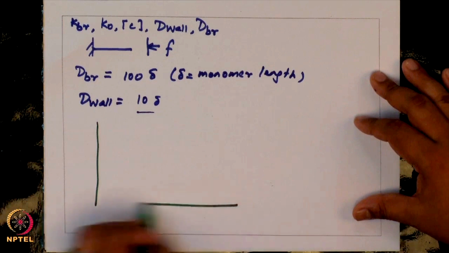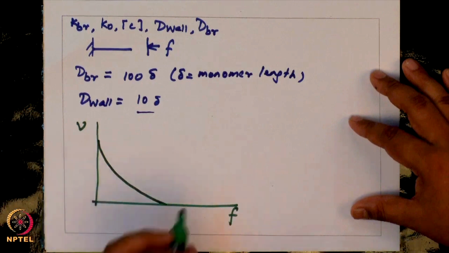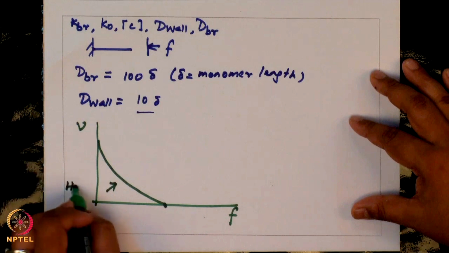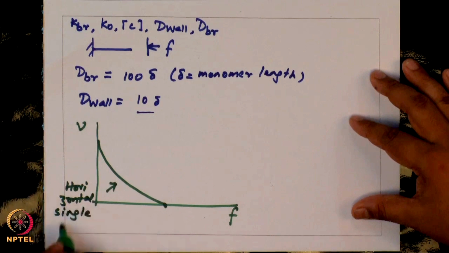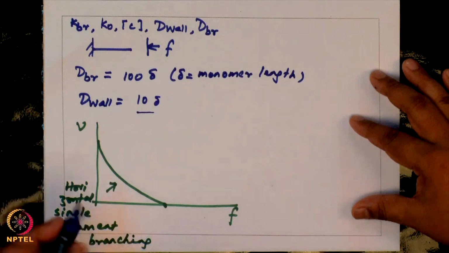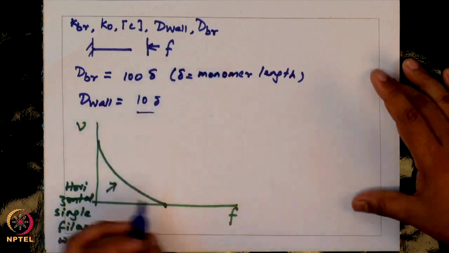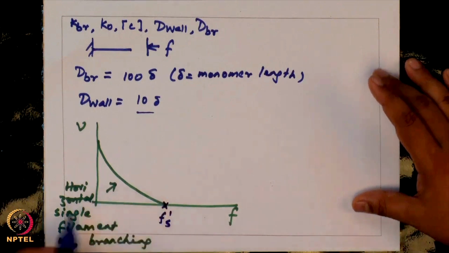Okay. So, if I look at the velocity versus force curve for the single filament, this corresponds to a horizontal filament, a single filament without branching. It is obvious, or one would anticipate, that this restraining force is Fs, the stall force corresponding to a single filament, this value.